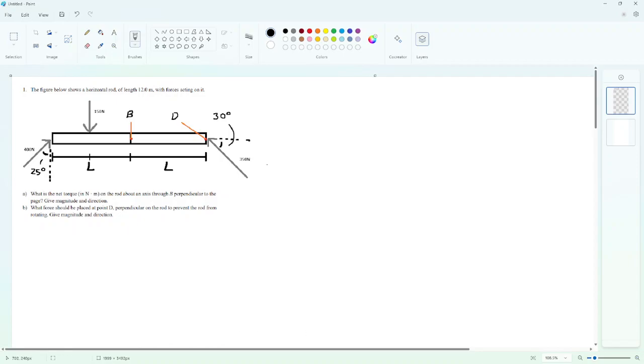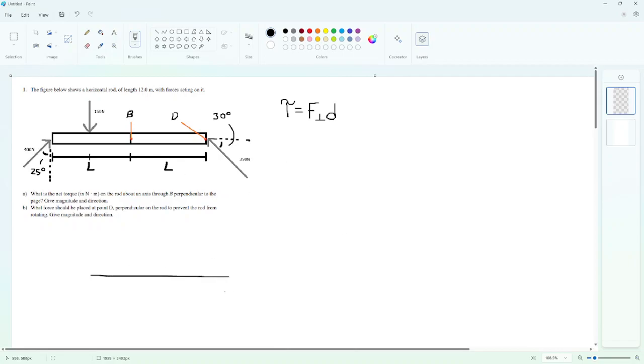Really quickly, what is the net torque in Newton meters on the rod? Go ahead and recall the formula for torque. The formula for torque is this funky-looking tau, that's torque. It's going to be force perpendicular to the distance that the force is being applied.